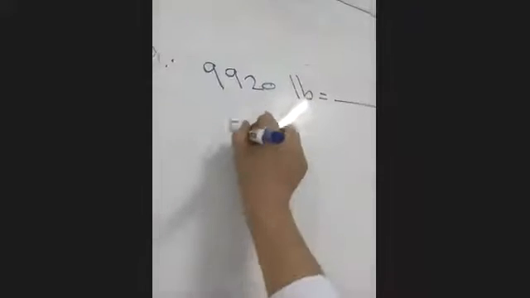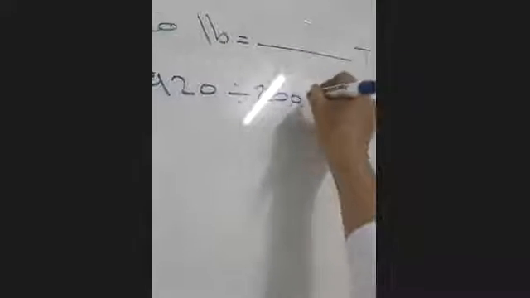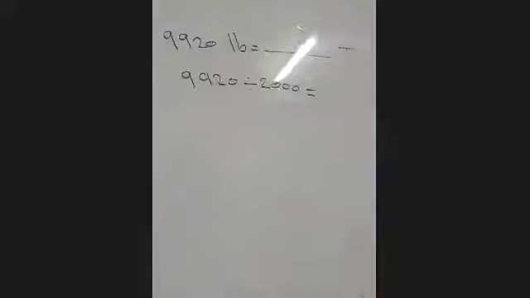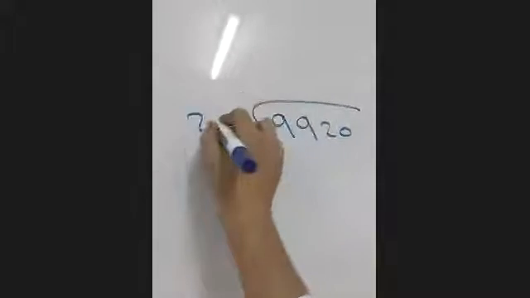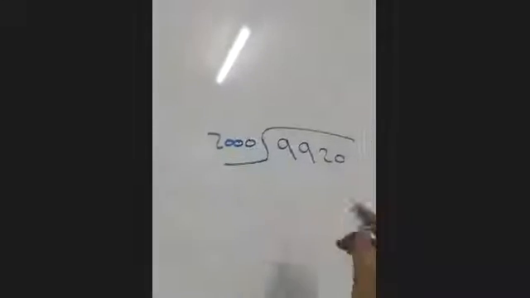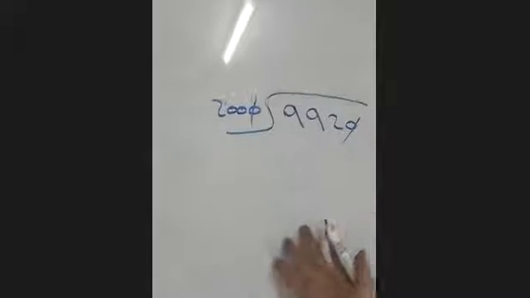So we will do division. 9,920 divided by 2,000. Normally division, guys. We will go here and make the division. Divided by 2,000, normal. We can cross this 0 with this 0. Then we can make our division.